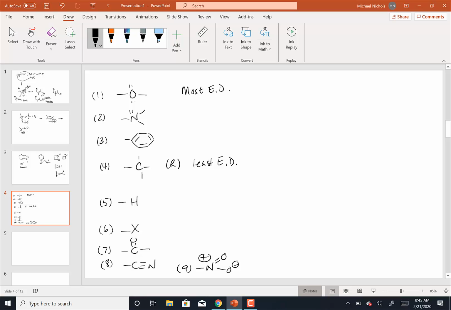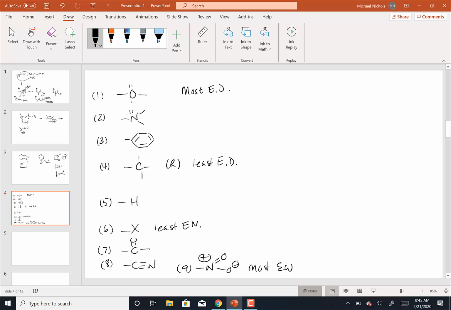Okay, so going from 1 to 9, this then is the most electron withdrawing. The halogen is the least electron withdrawing. Now, the reason I'm ordering it this way is because only 2 of these are induction. Only 2 of these, the major reason why they're donating or withdrawing is induction. Everything else is resonance.